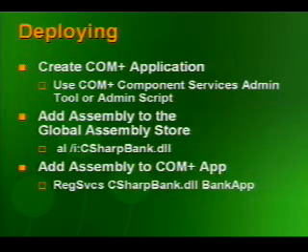The next step is that I take my assembly and I add it to the global assembly store. So this is the second step to enable COM+ services and .NET to provide the component. The third step is that I add my assembly to the COM+ application. And here we provide a command line tool where we provide the name of the assembly and the name of the app. As we move towards RTM, we're going to improve this process.